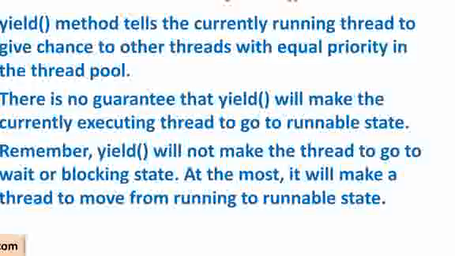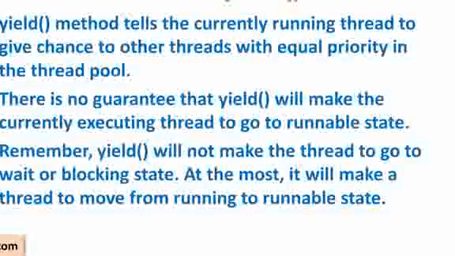So let us see the yield demo first. I have created a yield demo here, and you can see that I have created 9 threads, T1 to T9, and all of them are in one thread group, with a runnable target as YieldRunnable.